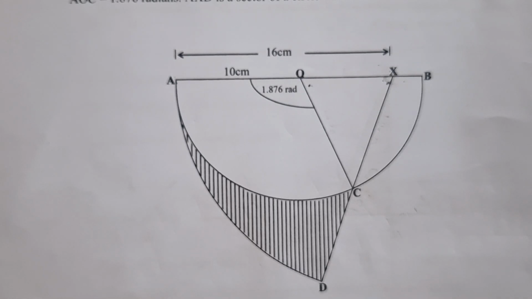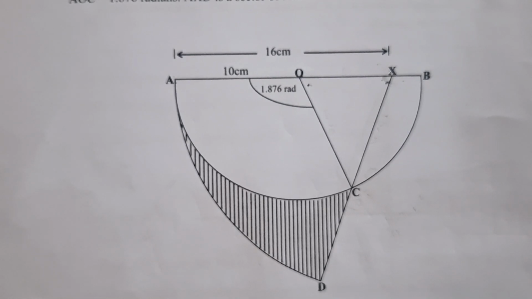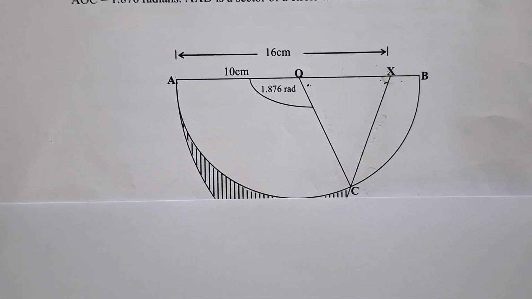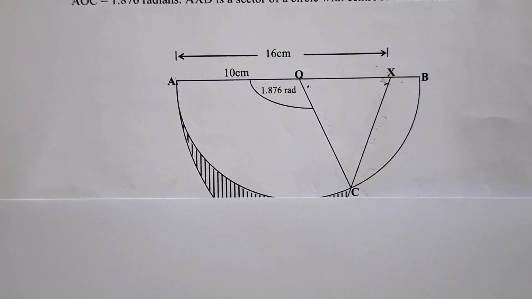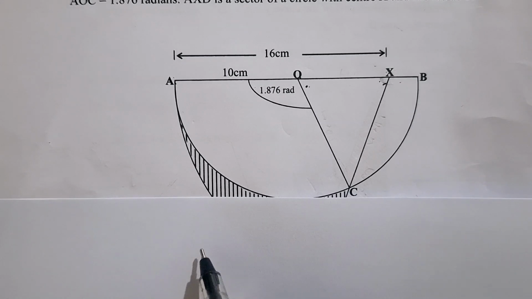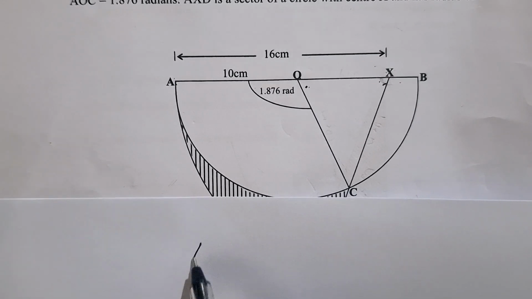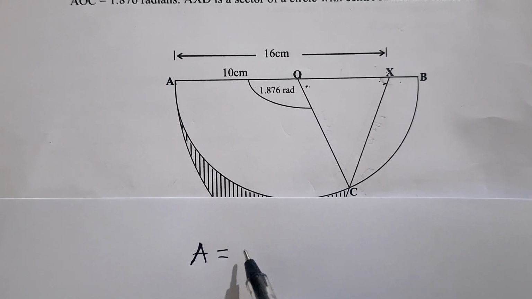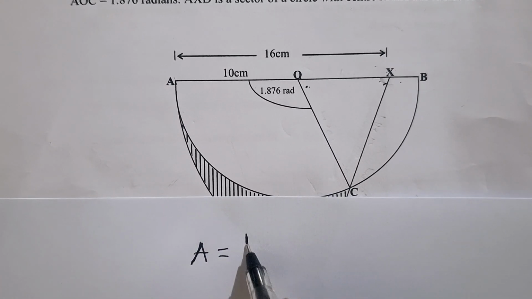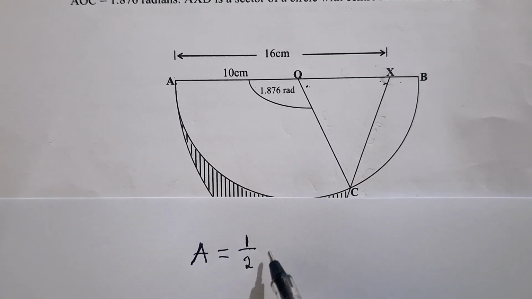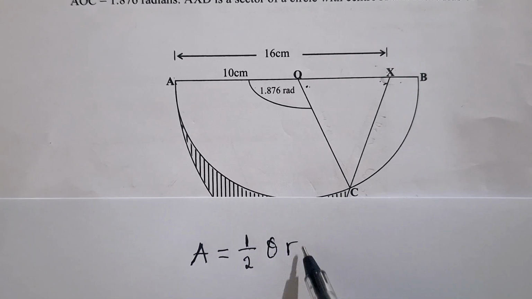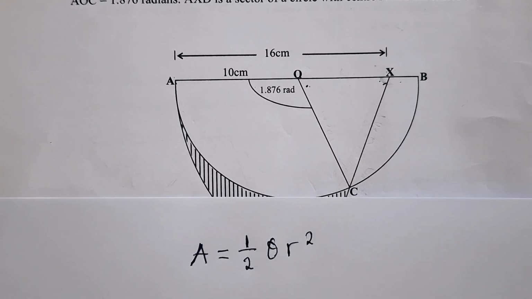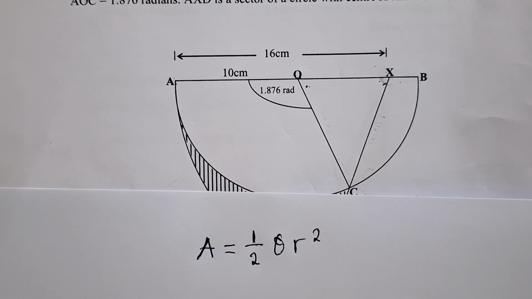Remember, we are not dealing with degrees. We are dealing with radians. So we need the formula for finding area in radians. And the formula looks like this: A is equal to 1/2 theta r squared. This is the formula you need.